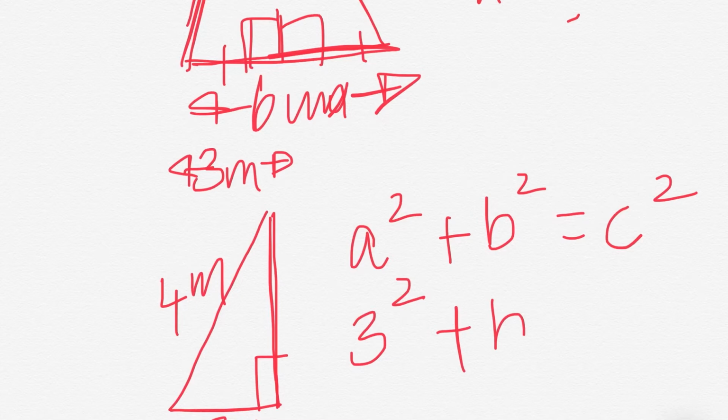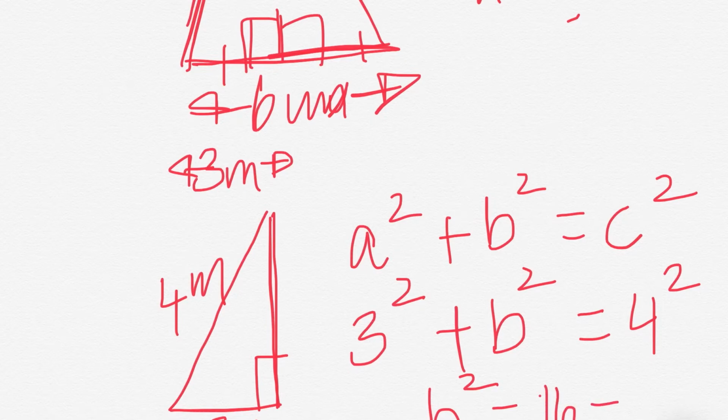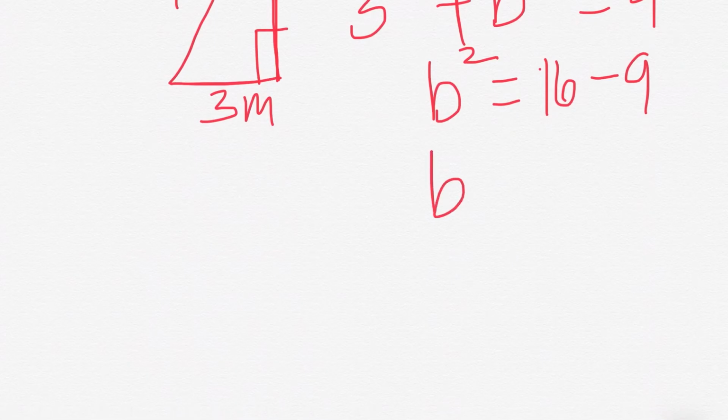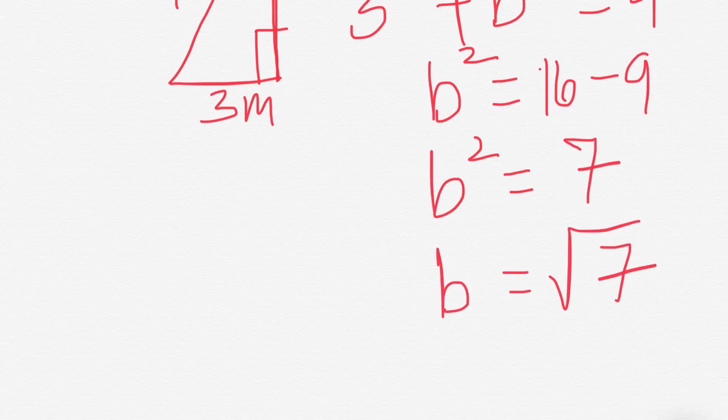We have not been given the other side, and we have been given the hypotenuse. So b square is equal to 16 minus 9. b square is equal to 7. b is equal to square root of 7.